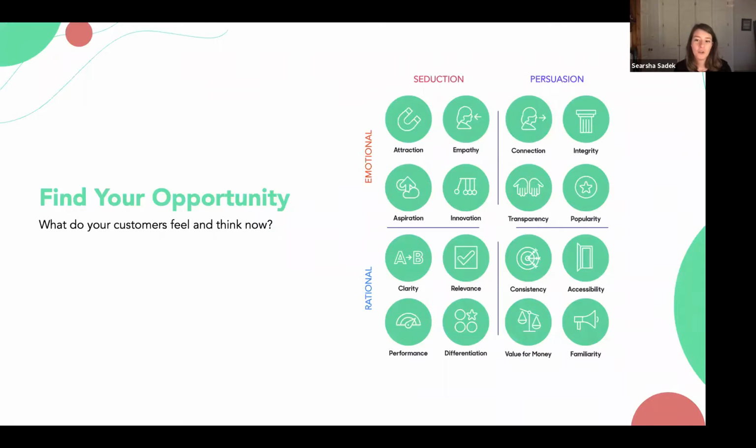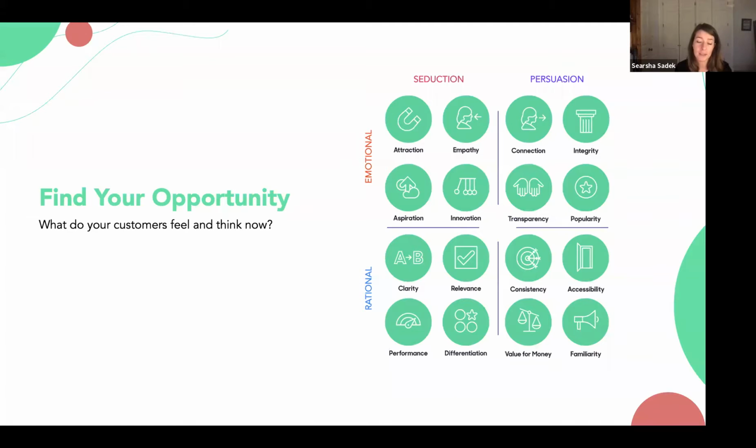So, finding your opportunity. What you need to understand is what your customers feel and think right now. So what is their baseline? What do they think of your category? What do they think of your brand? If they think that your brand is very accessible, so it's really easy to use, it's really consistent, they are pretty familiar with it, it's relevant, it gives them what they need, that's all good, but it's very rational.